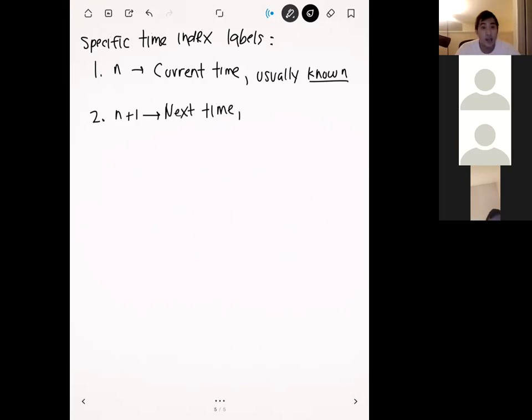And the time index n+1 is the solution at the next time, and these are usually unknown. I know these are kind of vague terms, but hopefully once we start solving problems, it becomes a bit more clear.